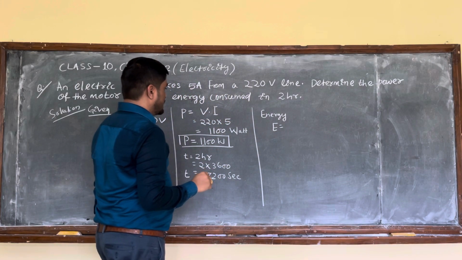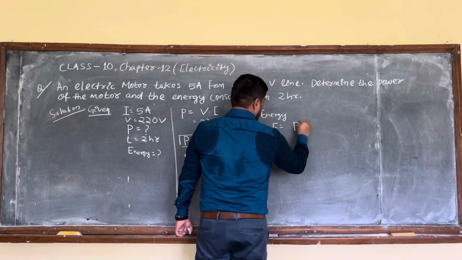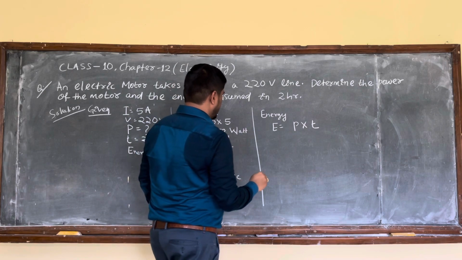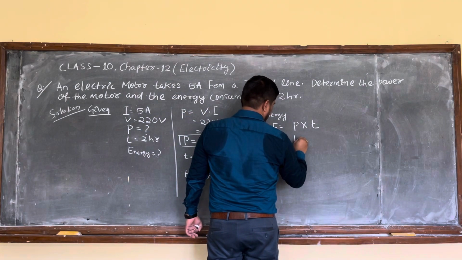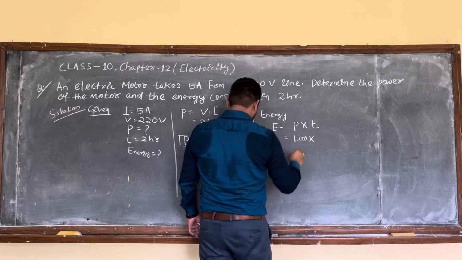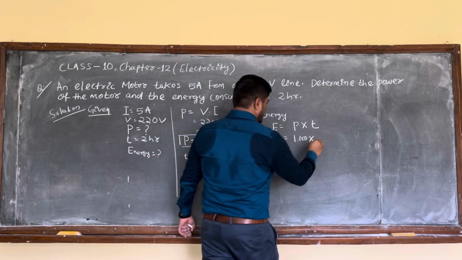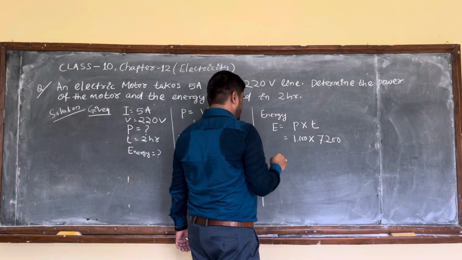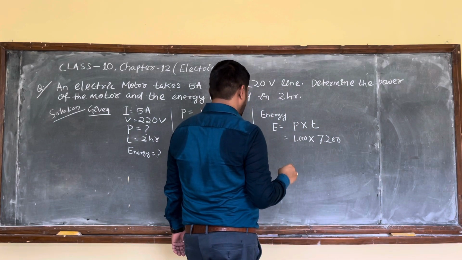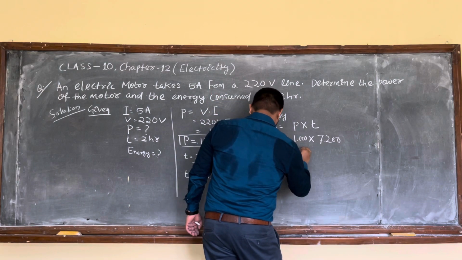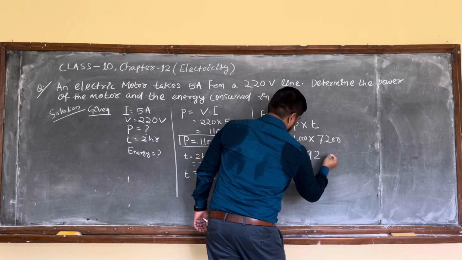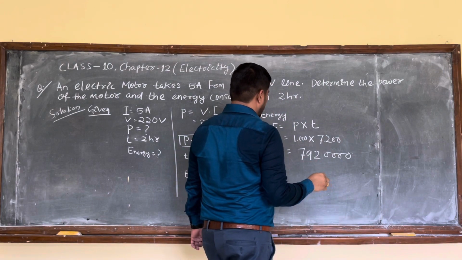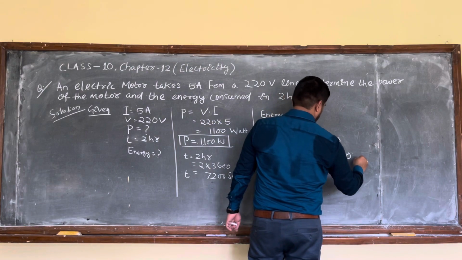So the formula of energy is power into time. So here the power you found is 1100, into the time, which is 7200, and when you multiply these two numbers you will find this much, and the unit will be joule.